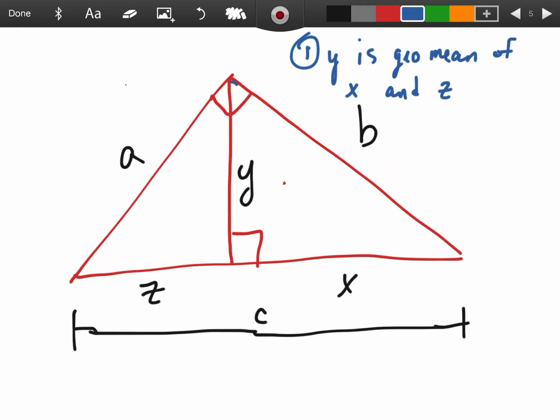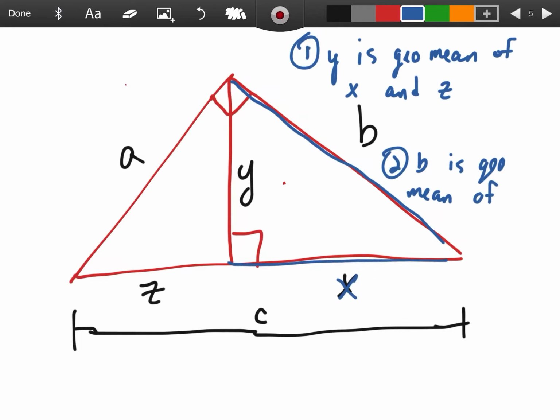Our second one is that this leg right here, this leg B, so B is the geometric mean of x and c. So this portion of the large hypotenuse and the whole hypotenuse. So of x and c.